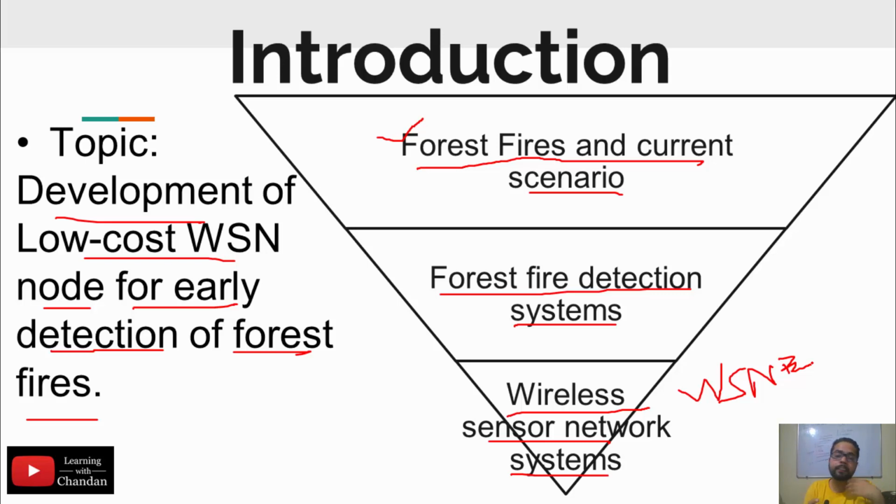These can be of many types like air, camera, all of those. Then we made this thing smaller and came to the wireless sensor network systems for the forest fire. So you can understand here how we started from a big thing and slowly came down to a smaller thing.